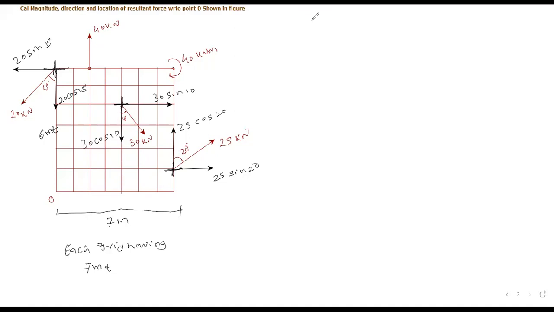Chaliye same procedure, sigma fx we will calculate. 25 sin 20 towards right positive plus 30 sin 10 plus 30 sin 10. Next minus 20 sin 50. I hope it is clear to all of you. Please give me value of sigma fx.